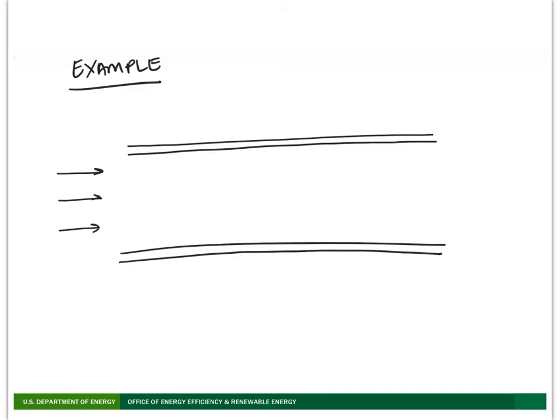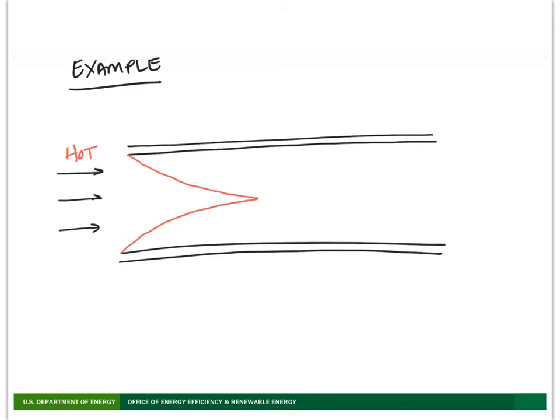We have hot air coming in from our furnace, so we'll assume it's the heating season and we have warm air coming in. As we start to flow through the duct, we're going to start out with a laminar region adjacent to the surfaces of the duct. Here we would expect this entry region where we have relatively laminar flow behavior, but it's going to happen from each surface, the top surface and the bottom surface.